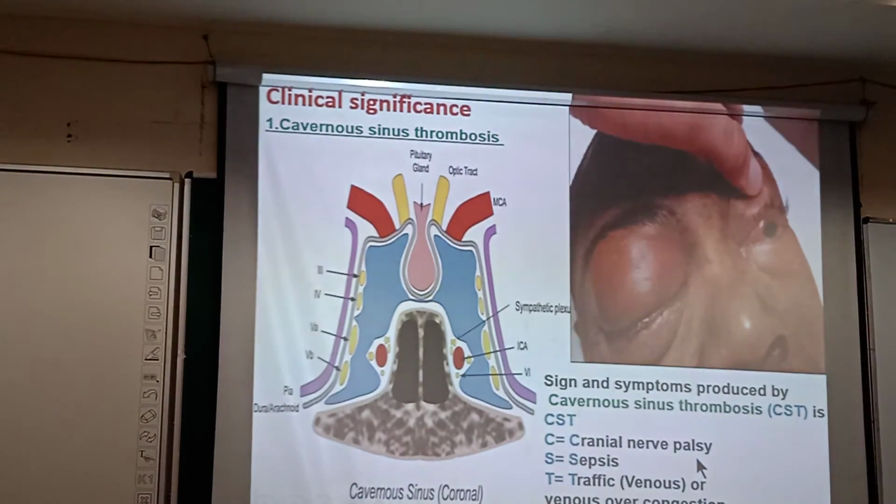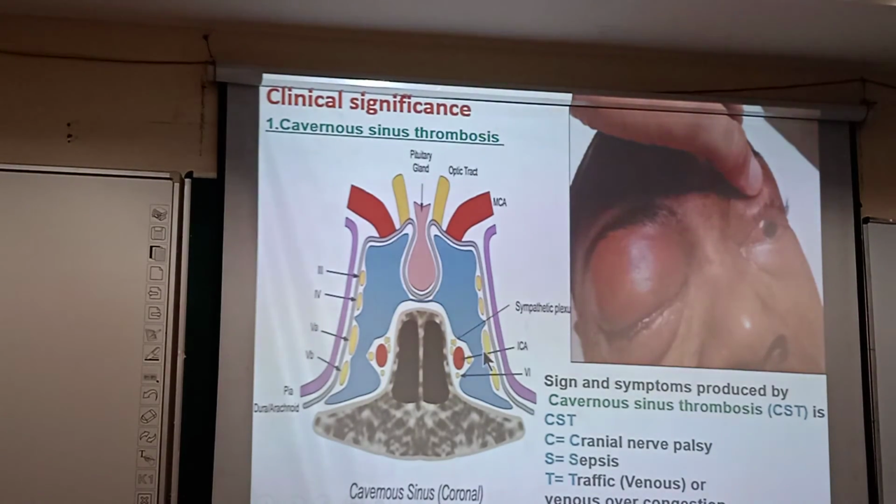C for cranial nerve palsy, S for sepsis, and T for traffic, that is venous overcongestion. Very important for short notes, cavernous sinus thrombosis. Because the septic emboli come into the cavernous sinus, leading to the formation of thrombus inside the cavernous sinus, that is known as cavernous sinus thrombosis.